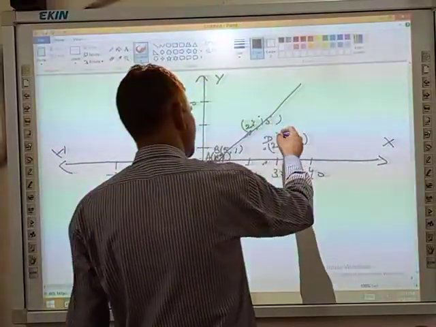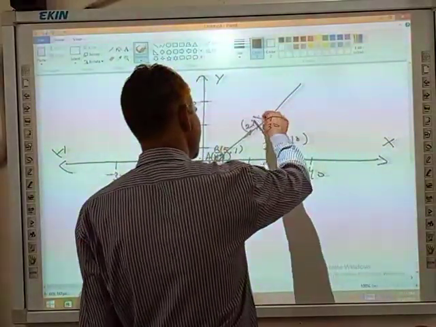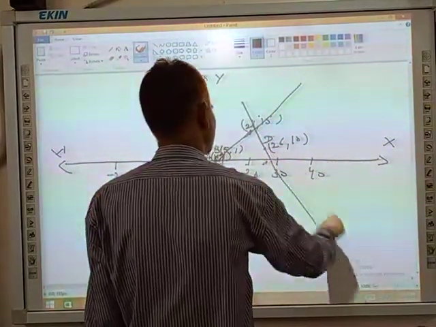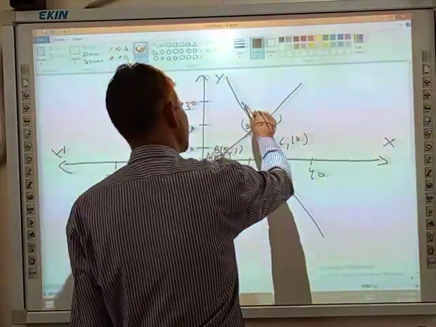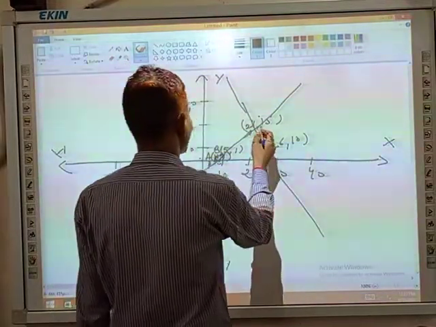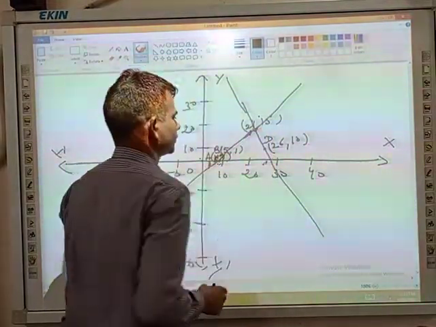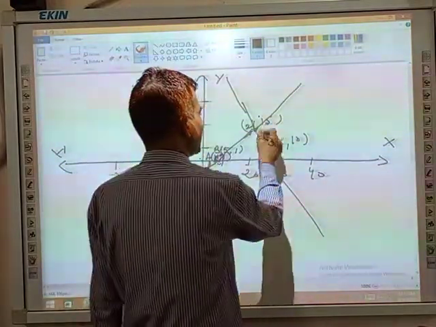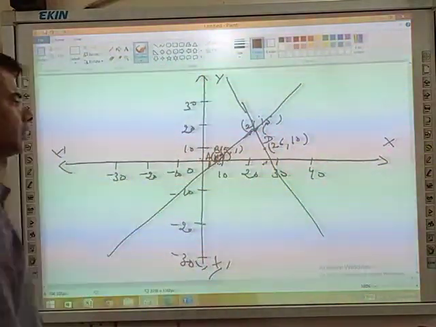The point graph will be such as this. This is your graph. And find out the points. Intersecting lines.